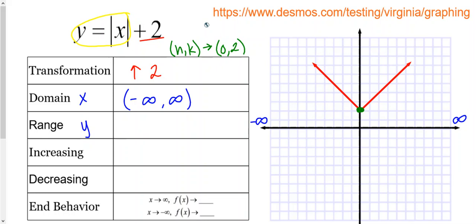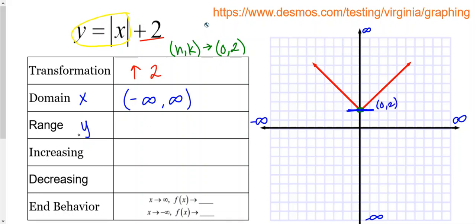Range is our y values. So the farthest down this graph can go would be negative infinity, and the farthest up this graph could go would be positive infinity. So now, how far down does this graph go? Well, this stops at our vertex, which is at the point (0, 2).